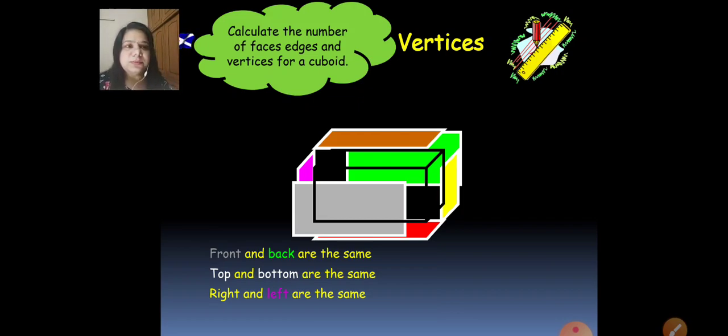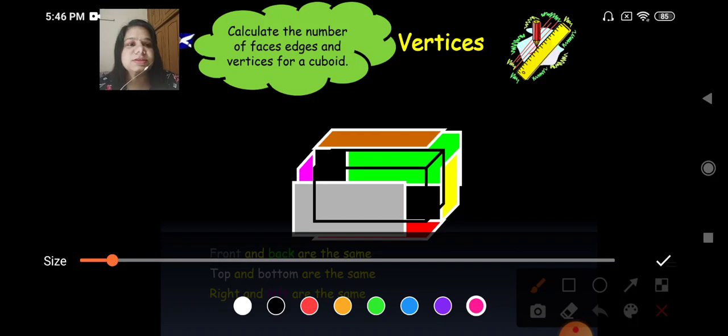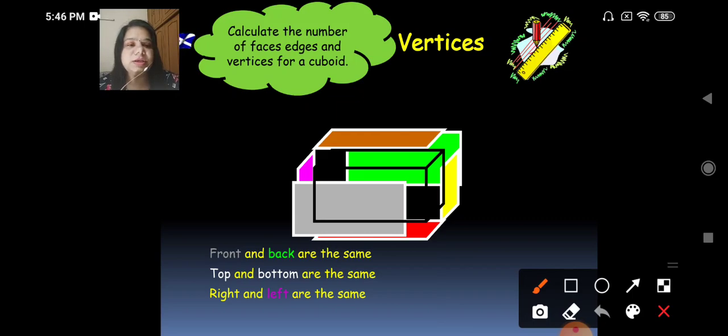Okay, one more thing students you need to note here. We will count the number of faces, number of edges and number of corners for the whole solid. But here just note each face. If it is asked how many vertices does each face of a cuboid have, you can notice here one face is a rectangle. And how many edges does it have?